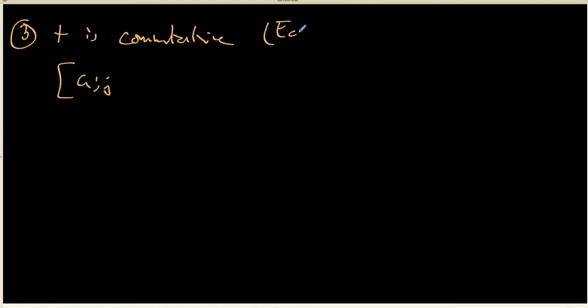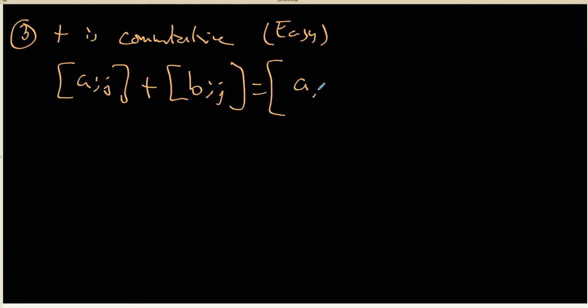The next property that we need to have, of course, this would be our third ring axiom, is that plus is commutative. Well, that's easy. If I look at that matrix and add it to this matrix, that's just adding the Aij's to the Bij's.